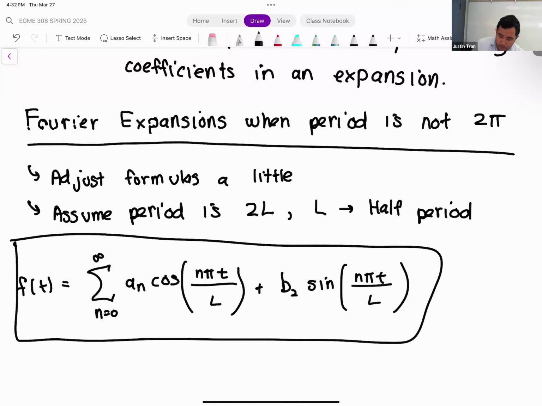So you can see here that the argument inside the cosines and sines is adjusted based on our new period. Instead of n times t, we have nπt divided by L. So that factor inside there, the π over L, is just to convert between a period of 2π to a period of 2L.